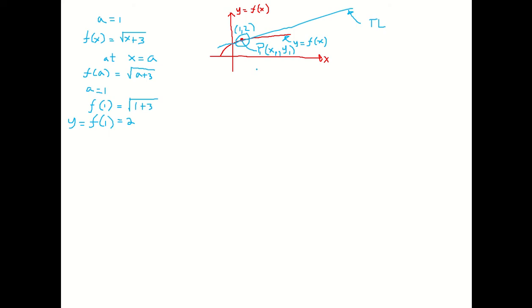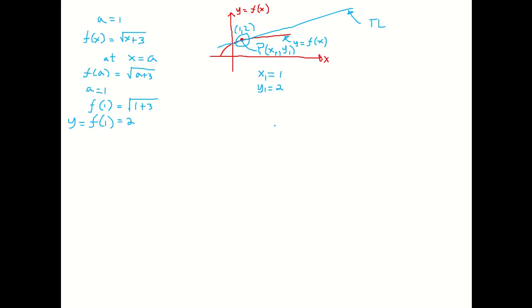So our x1 for this particular point is equal to 1, and our y1 is equal to 2. We will be using these values when we find the equation of the tangent line.